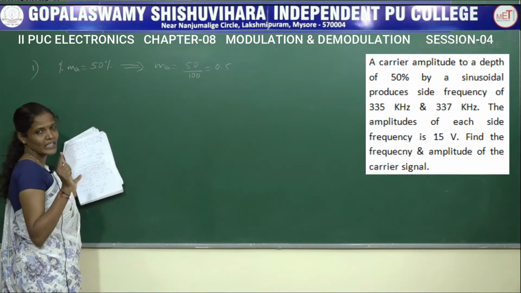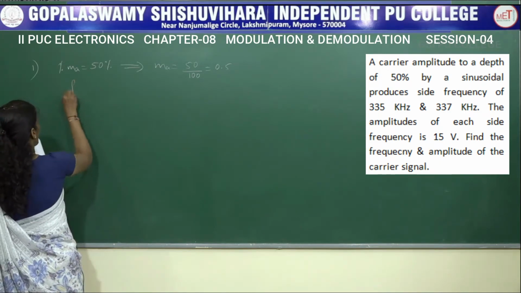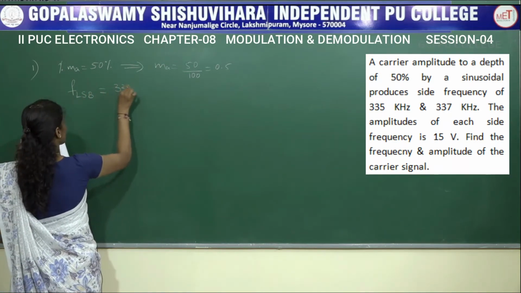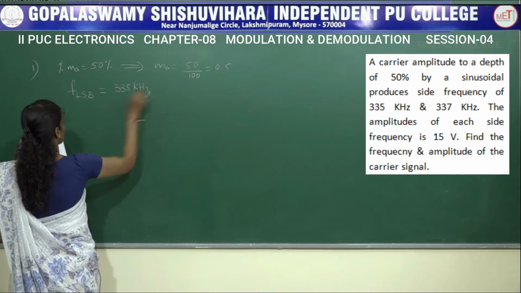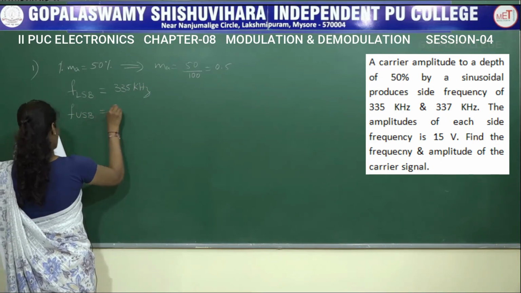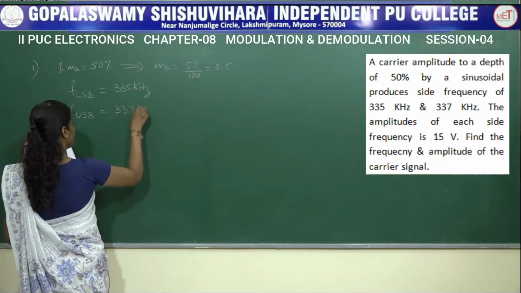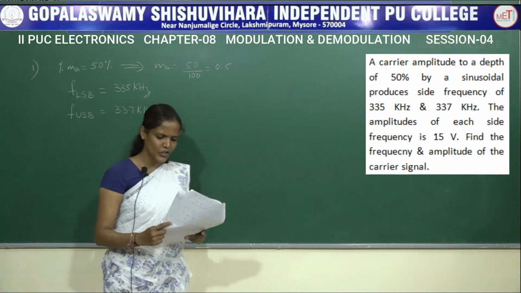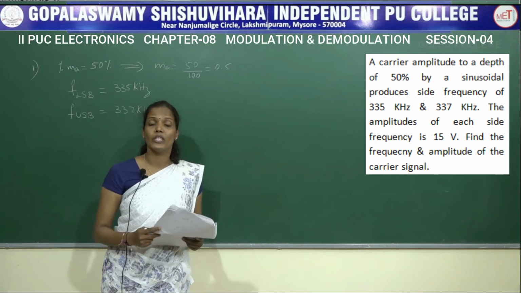Out of these two, 335 is the lower value. So, FLSB, that is the lower sideband frequency, is 335 kilohertz, and the upper sideband frequency is given as 337 kilohertz. Okay. The amplitude of each side frequency is 15 volts.